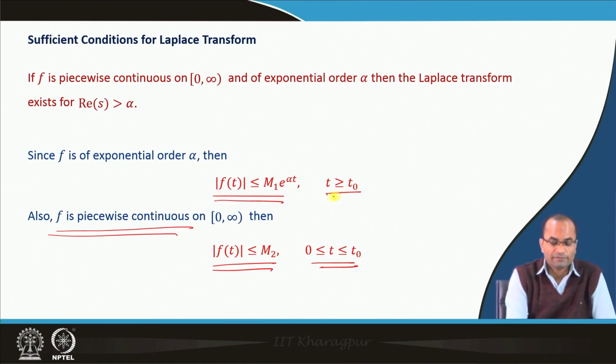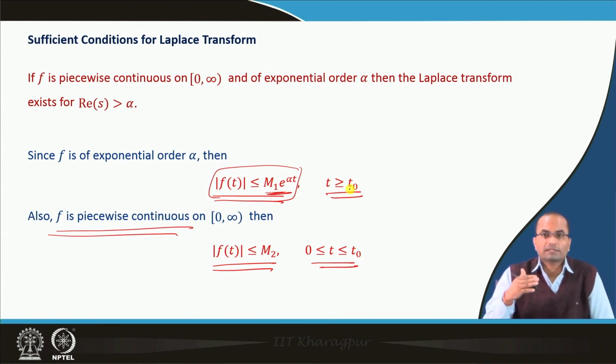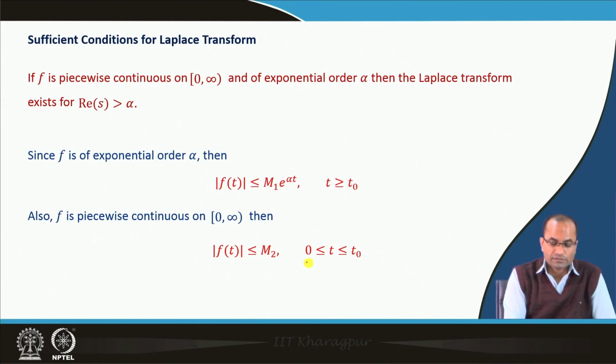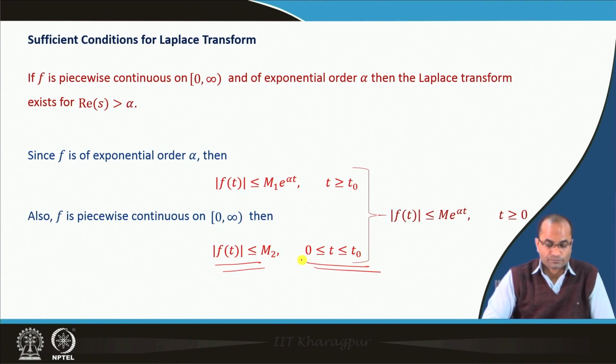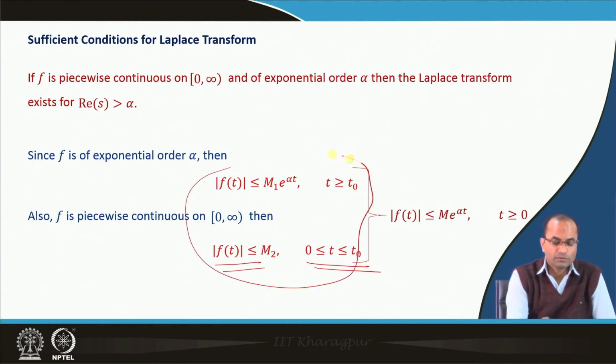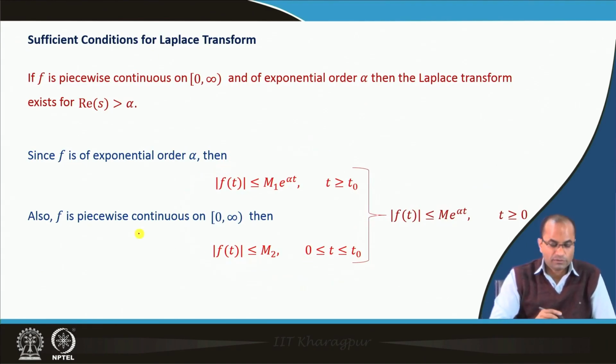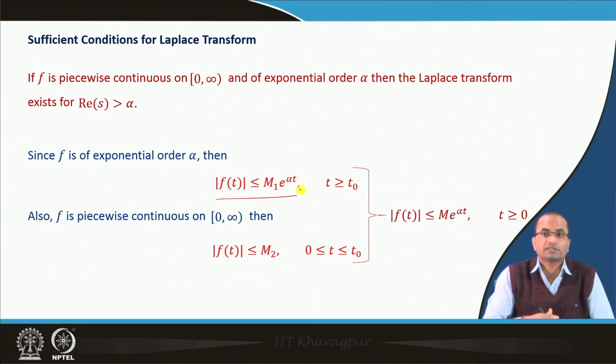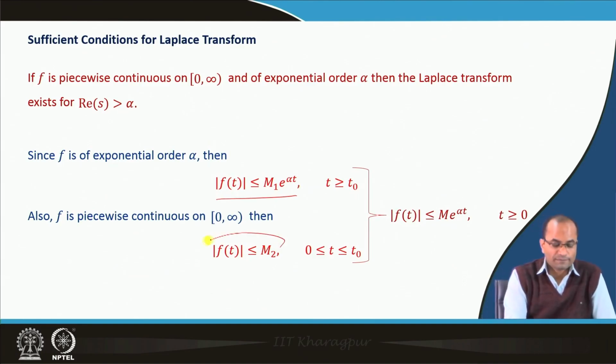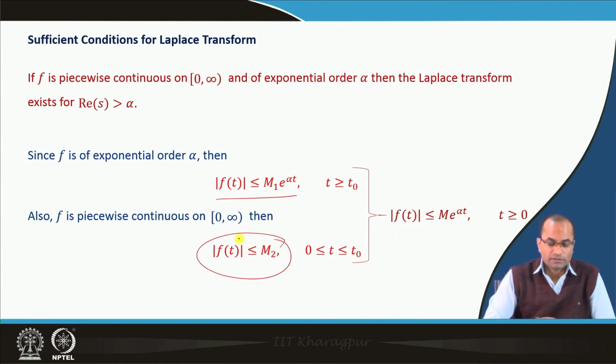And then we have, because of the exponential order, for t greater than t naught, this m e power alpha t. So, it is bounded there when t is greater than t naught by the exponential function, and in the range 0 to t naught it is bounded by this m 2. So, we can combine these two inequalities, because one says that the function is bounded by this exponential function when t is greater than t naught, the other one says that the function is bounded in this interval 0 to t naught.